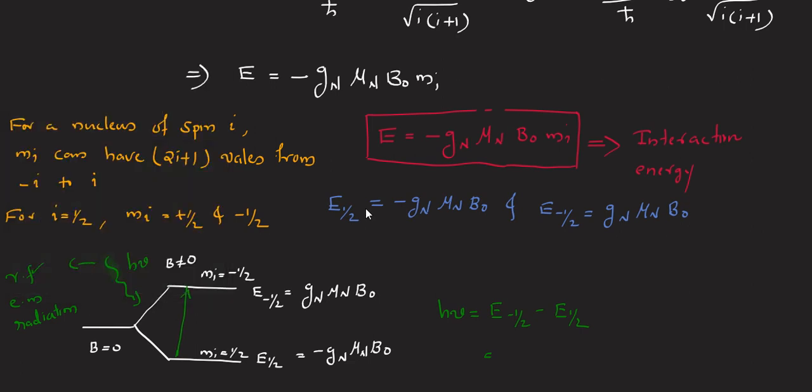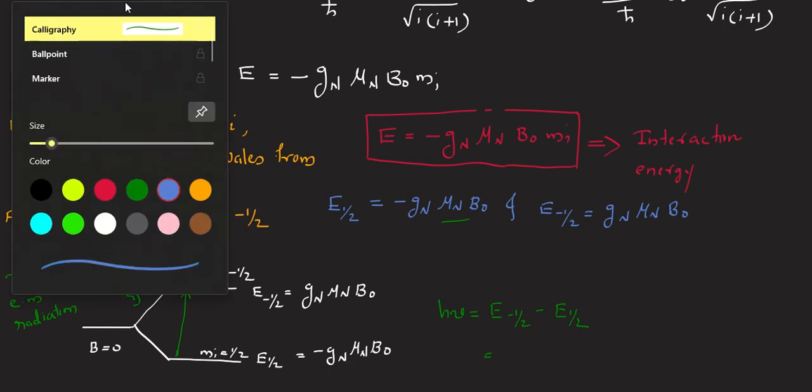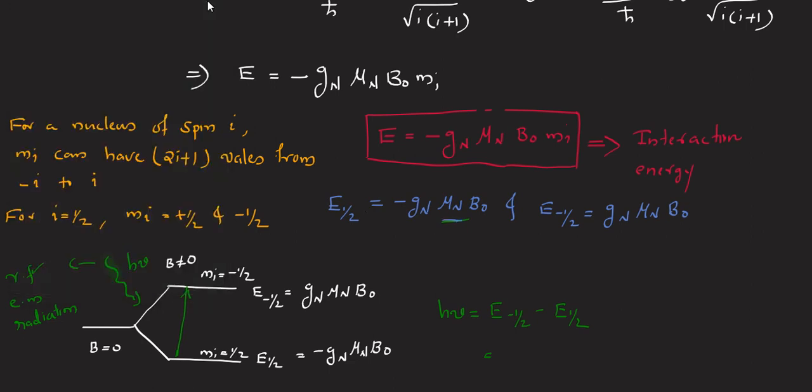Here it is divided by 2, because the value of mi equal to plus half and minus half, here it is divided by 2, and here it is also divided by 2.